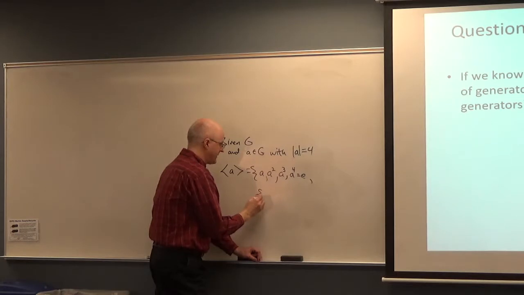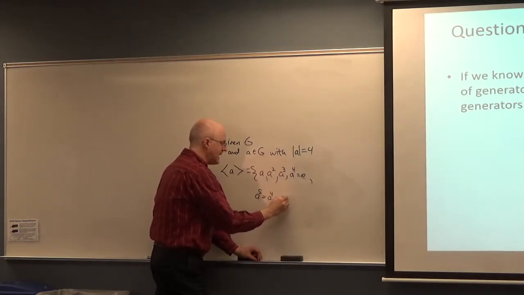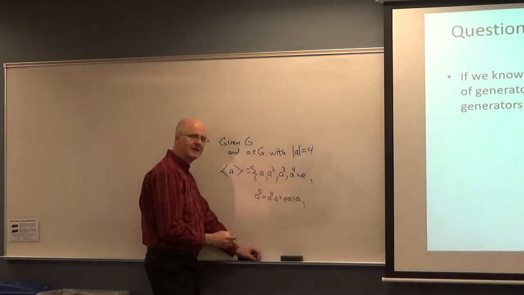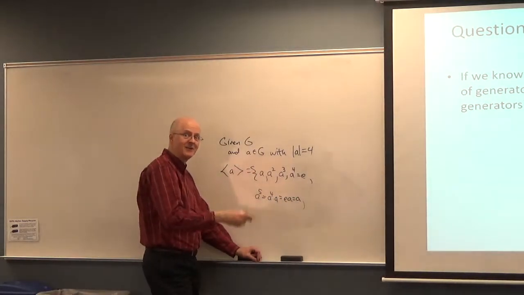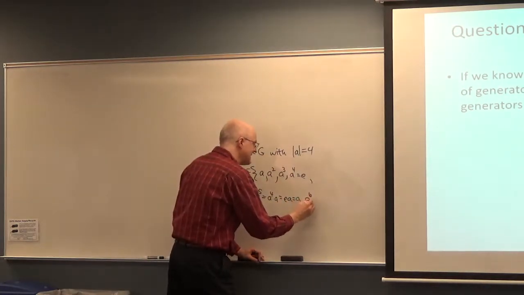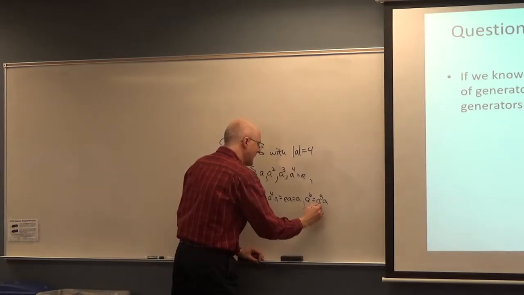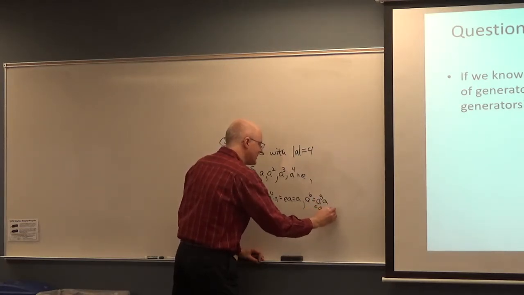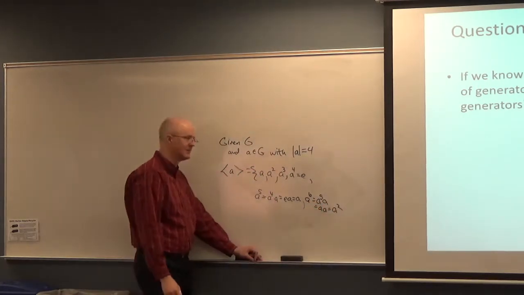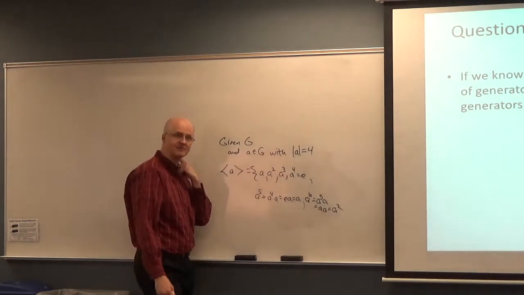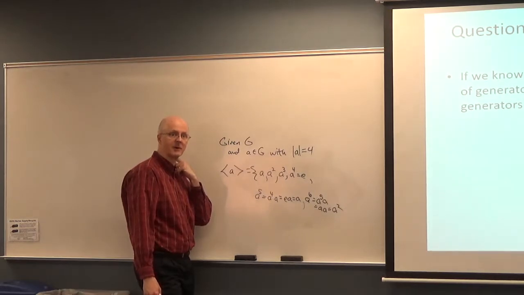A to the 5th is A to the 4th times A, is E times A, is A. Cyclic cycles here. A to the 6th is A to the 5th times A, which is A times A, which is A squared. Or I could write it as A to the 4th times A squared, E times A squared, which is A squared as well.